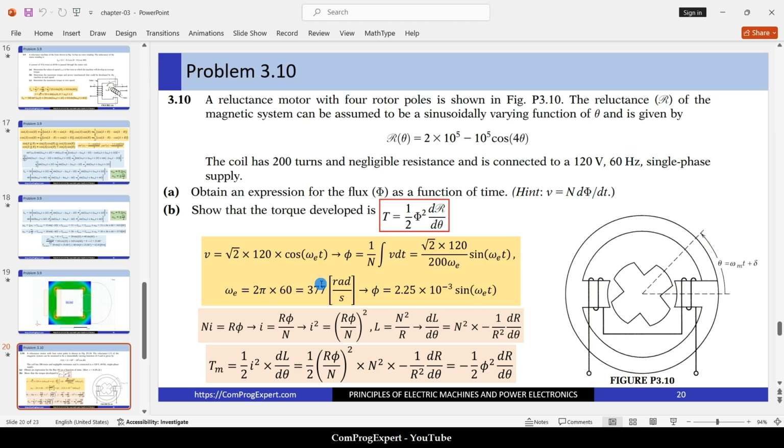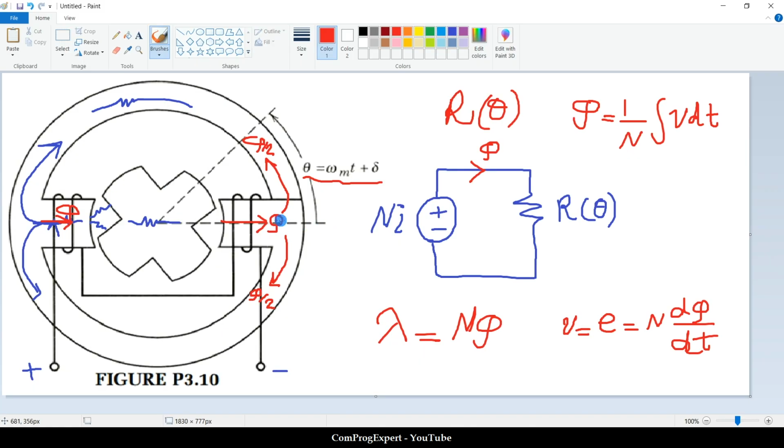That is 377 radian per second. If you replace this number into this expression, this will be the value of phi: 2.25 times 10 to the power minus 3 sine of omega e t. So we calculated phi, this flux in the stator pole, as a function of time.